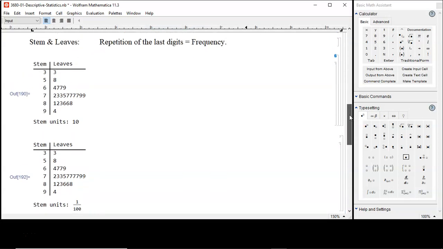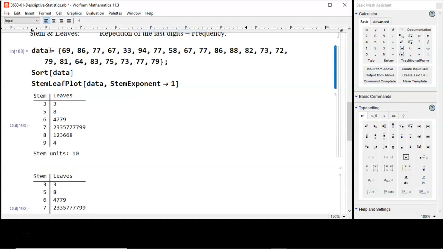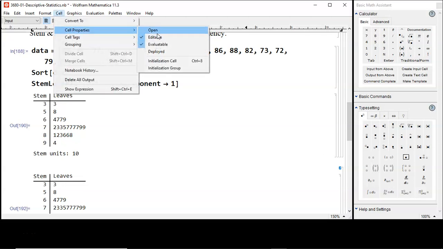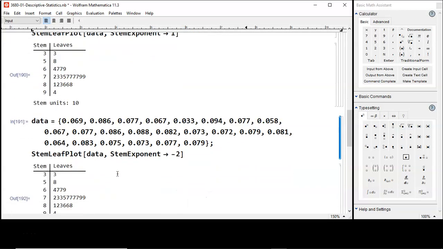What do you see? Exactly the same in terms of distribution, but this one says stem unit is 10, this one says stem unit is 1 over 100, or the second decimal digit. Which data am I talking about? 69, 86, 77, etc. Tens digit, ones digit. Now let's go to this. 0.069, 0.086, and so on.